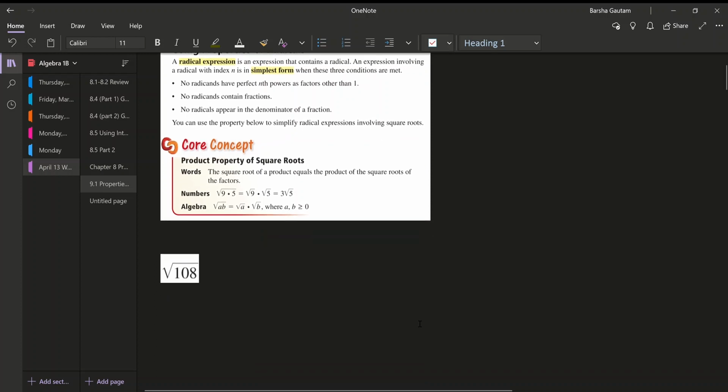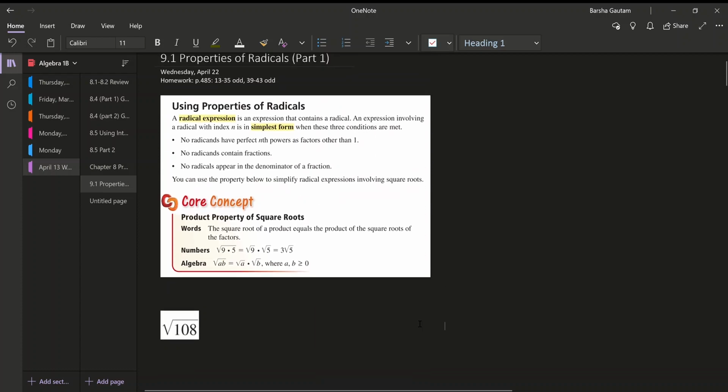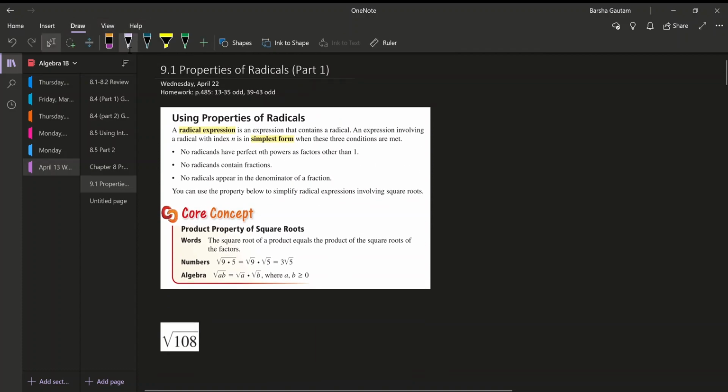Okay, so let's try this problem out. We have root 108. This one's a little bit tough. What I like to do with this is first start off with the smallest number.